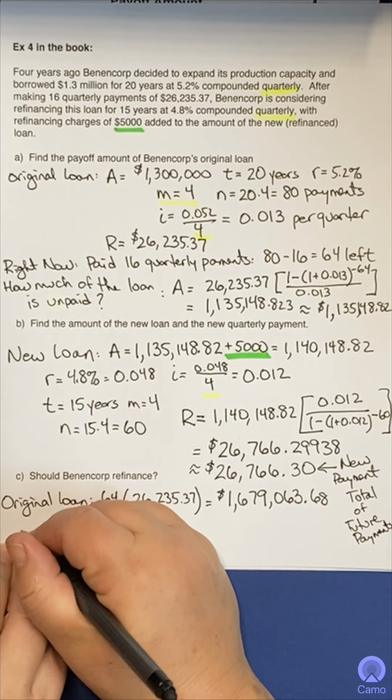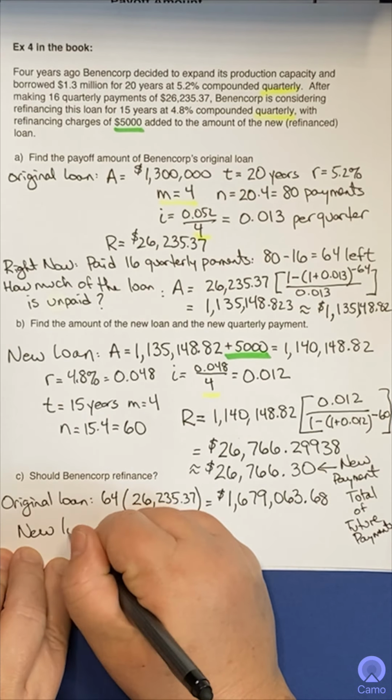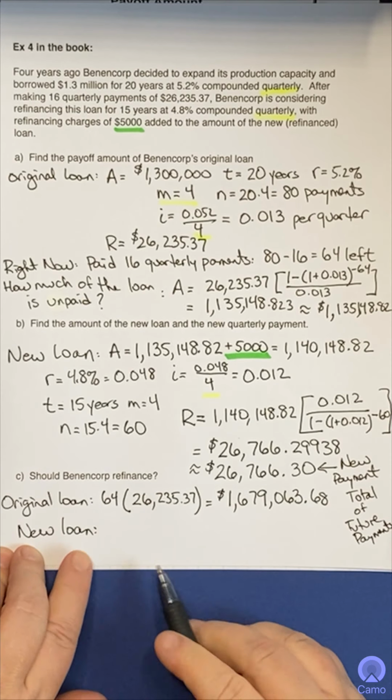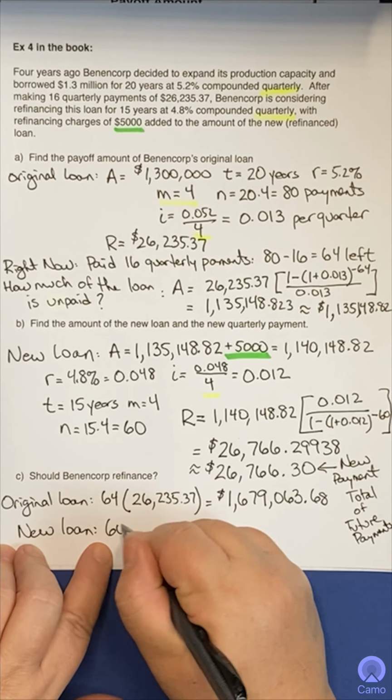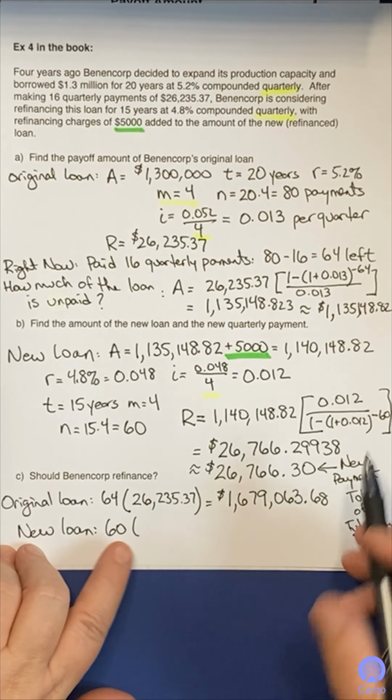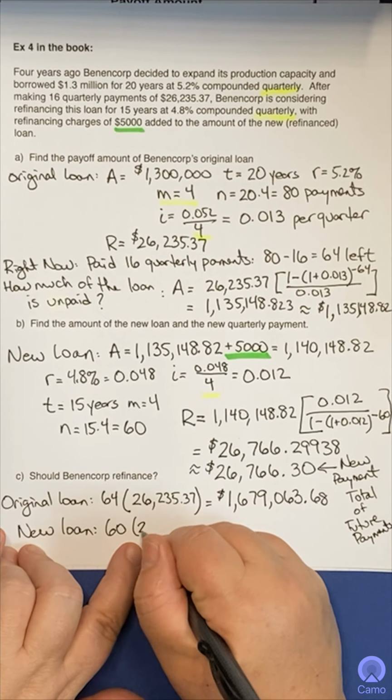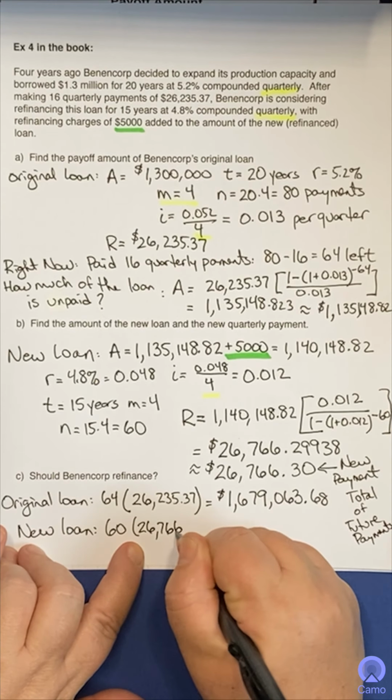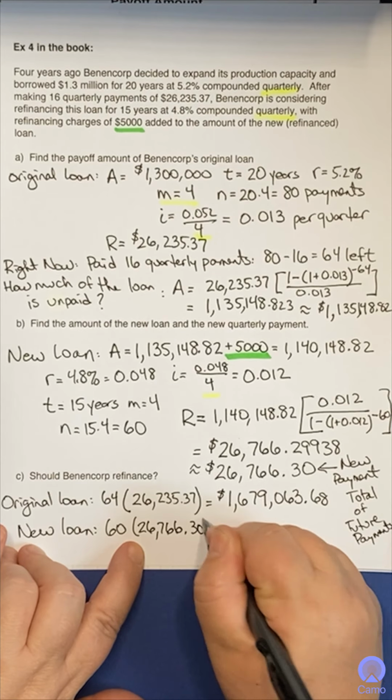And the new loan, well, the new loan will have 60. Remember, we're tightening that up. We're not going to owe for as long. We're only going to pay for 60 quarters times that new payment, $26,766.30.